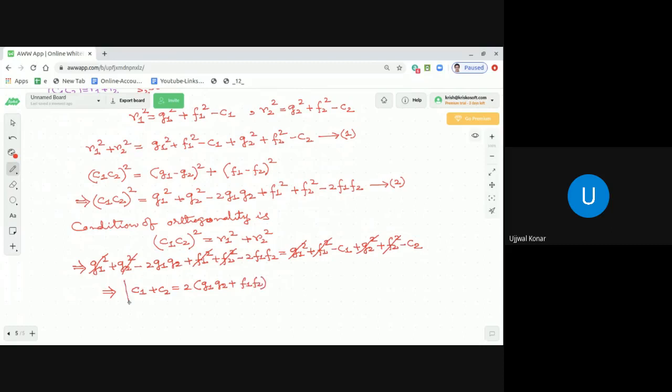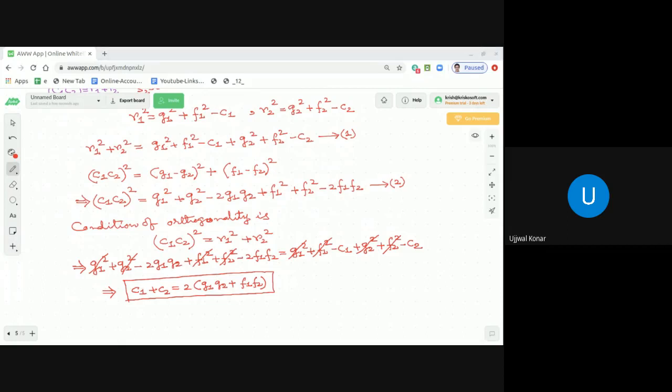So this is the required condition of orthogonality of two circles whose equations are x square plus y square plus 2g1x plus 2f1y plus c1 equal to 0 and x square plus y square plus 2g2x plus 2f2y plus c2 equal to 0.